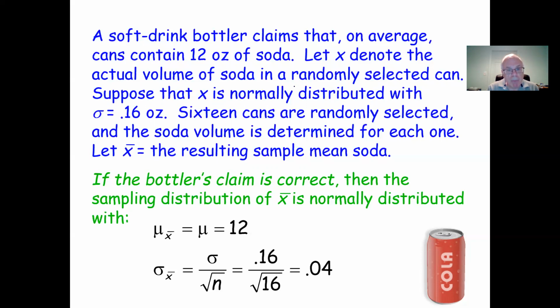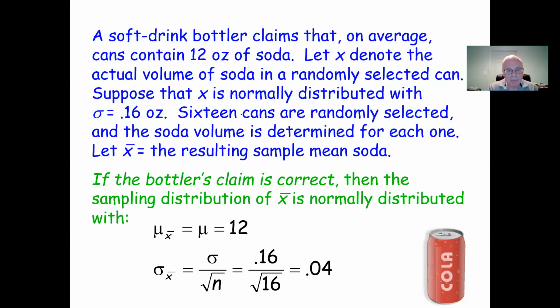If the population is normally distributed, we're going to assume the sampling distribution of sample means is also normally distributed. And so if we pick 16 cans, which is less than 30, we don't have to worry about the central limit theorem in this case. If the population is normally distributed, it doesn't matter the size of the sample. The sampling distribution will be normally distributed.